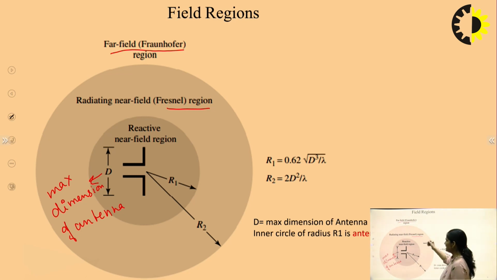So these are three subdivisions of space. R1 is equal to 0.62 under root D cube upon lambda, and R2 is equal to 2D square upon lambda. The inner circle of radius R1 is the antenna zone, where you have the reactive near field region.